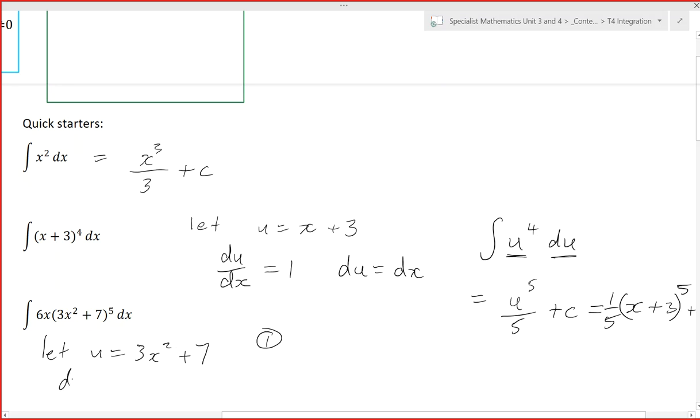We're going to find the derivative. Step 2. Derivative is opposite of the integral, so you minus a power and put the old power out the front.